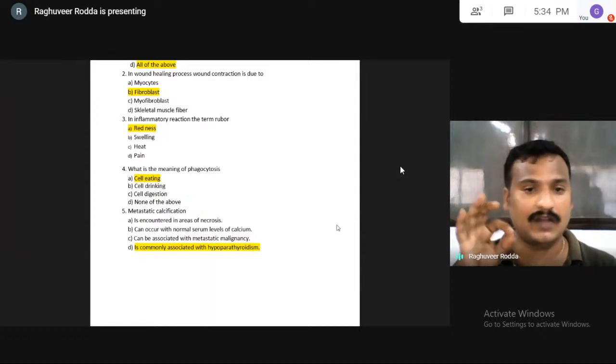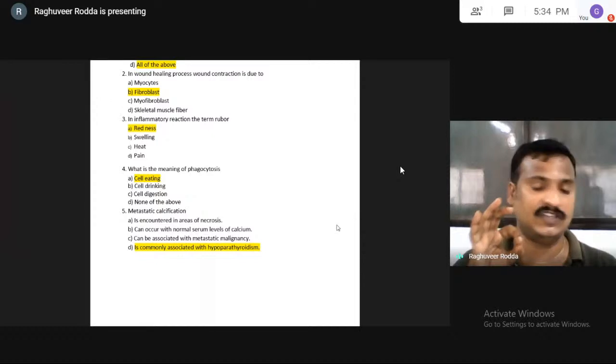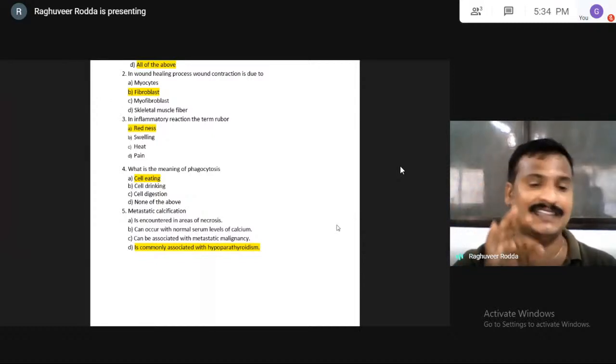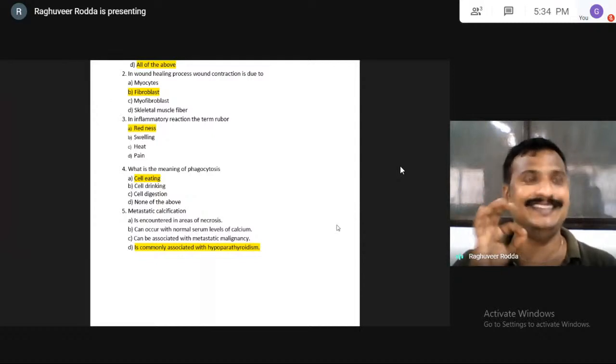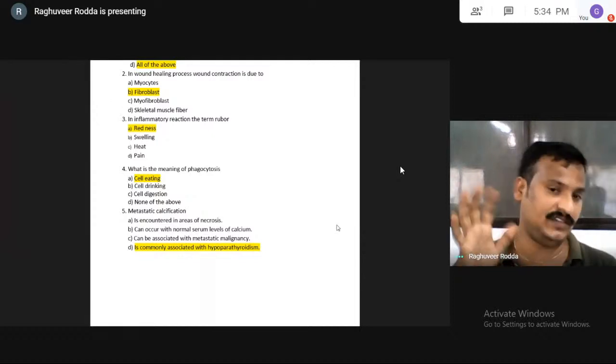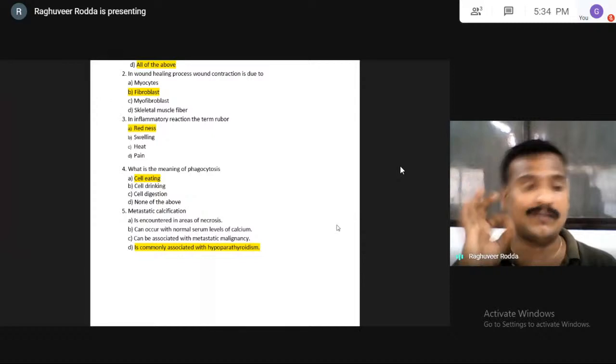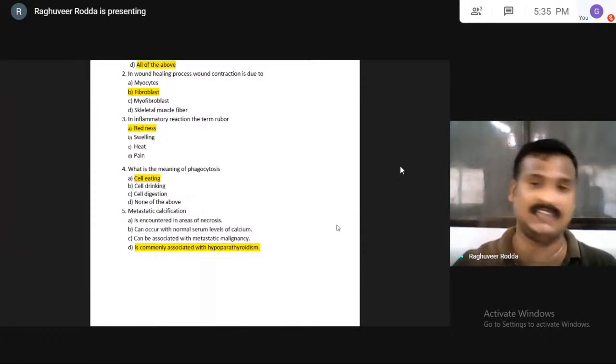That is called metastatic calcification. If it is deposited in dead cells, that condition is called dystrophic calcification. Dead cells mean dystrophic calcification, normal cells mean metastatic calcification.